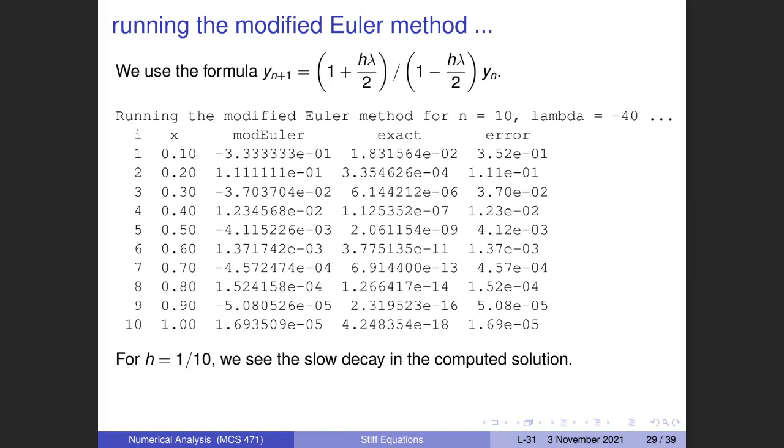Why is this exercise still important? Because this is a formula which is derived for the test equation based on the modified Euler method. So it is indeed a version of the modified Euler method, but it is a different formula. So it's a different program. It's used in a different format.